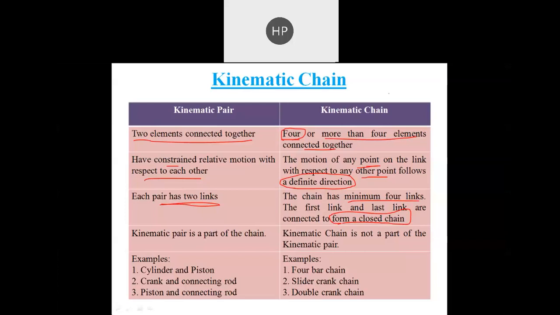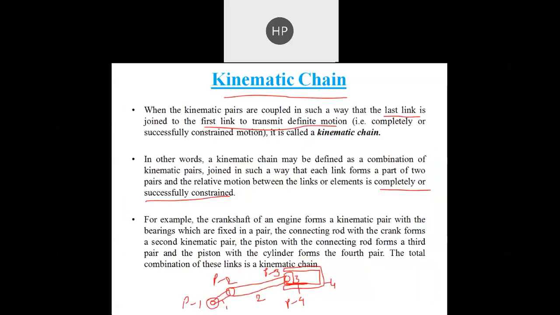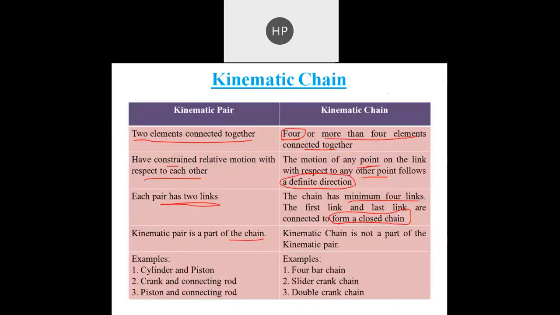So in a kinematic chain, all these four are connected, making a closed chain. The kinematic pair is a part of a chain. As we discussed earlier, this whole system is considered as a kinematic chain. So now pair 1, pair 2, pair 3, pair 4 are parts of this kinematic chain.